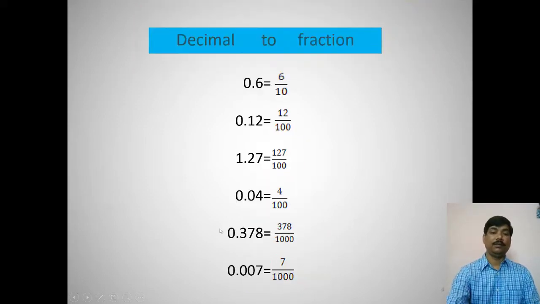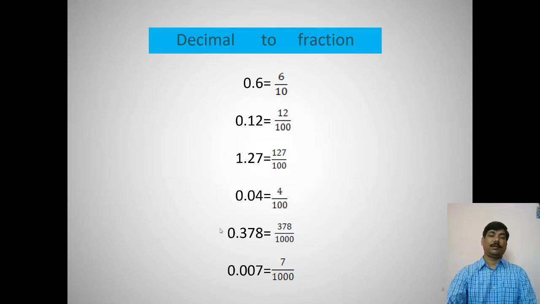Now we write the decimal as a fraction. If the decimal is 0.6, how can we write it as a fraction? We remove the point and make a whole number.